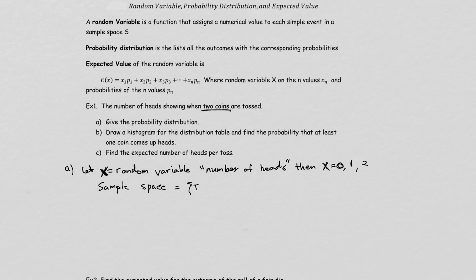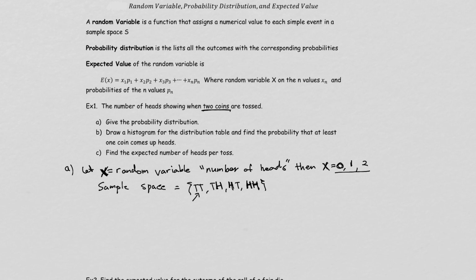You can have tail then tail, tail then head, head then tail, or both heads. That's the sample space. Out of this, you have 0 heads once, 1 head twice, and 2 heads once. That's where the numbers come from.